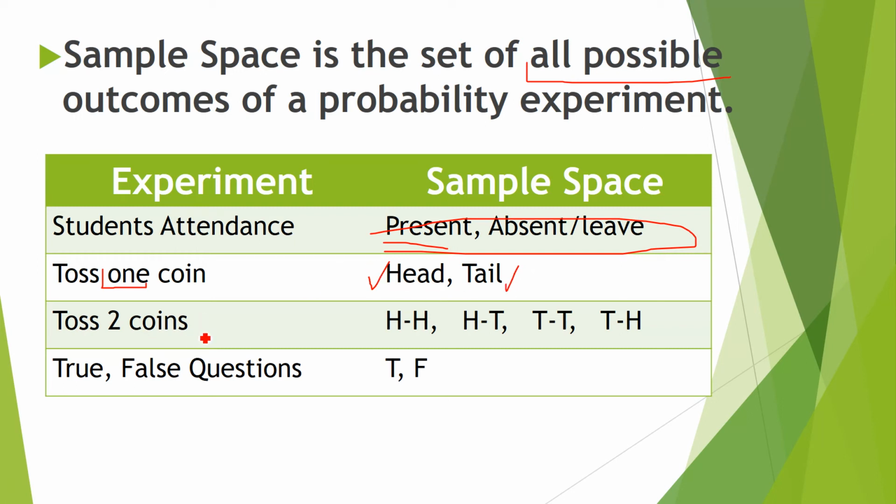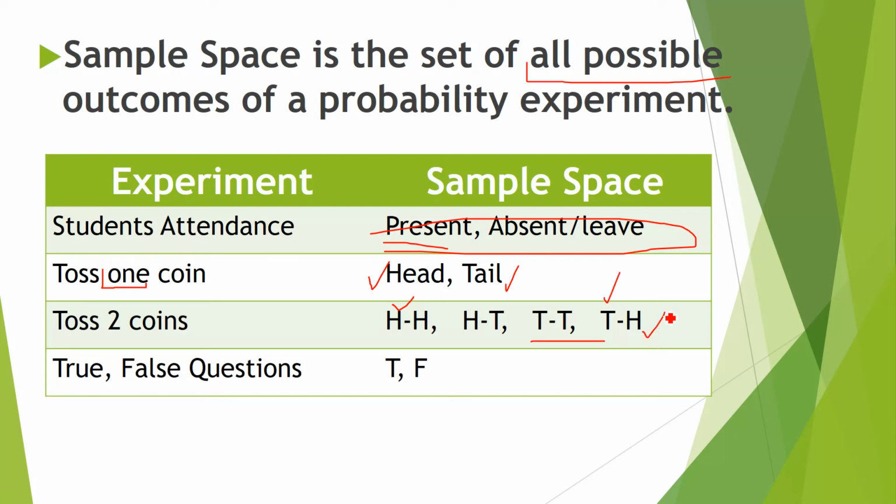If we toss two coins, there are four possible outcomes, and these are called the sample space. Maybe both coins show head, maybe one has head and the other tail, H for head, T for tail. Maybe both have tails, maybe one has tail and the other a head.